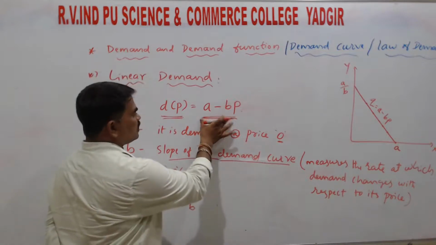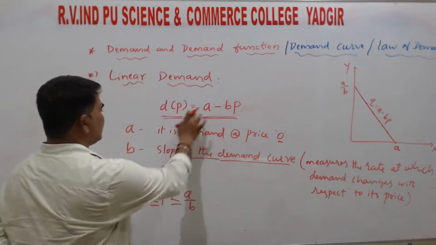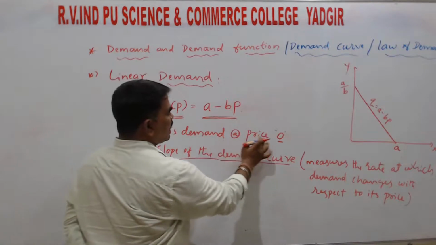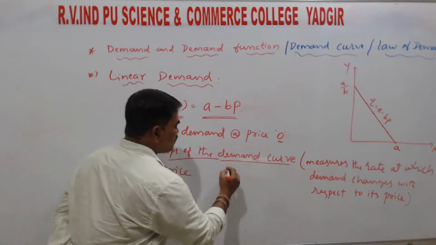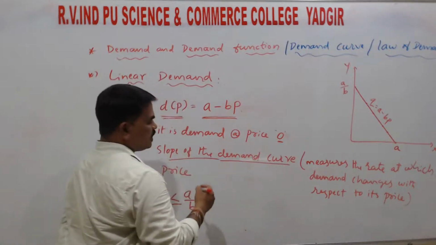So now we know the equation and we know what A means. A is the demand at price 0.